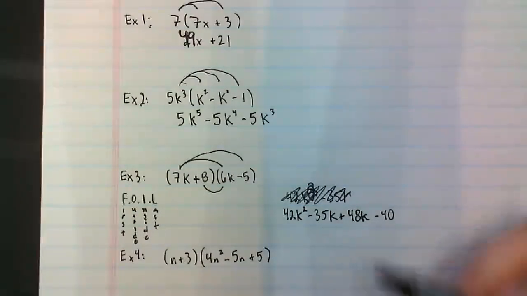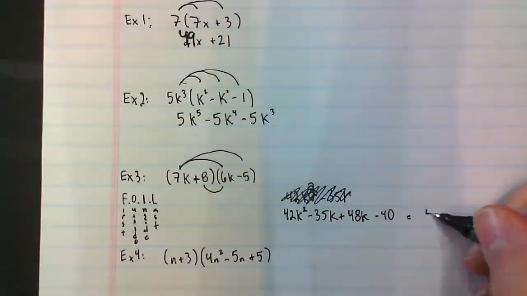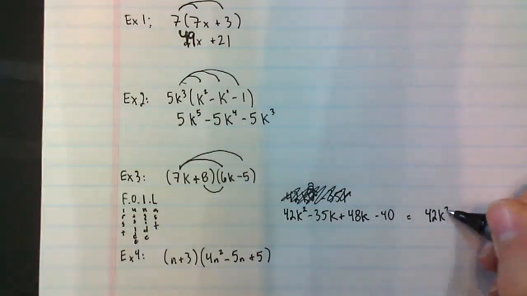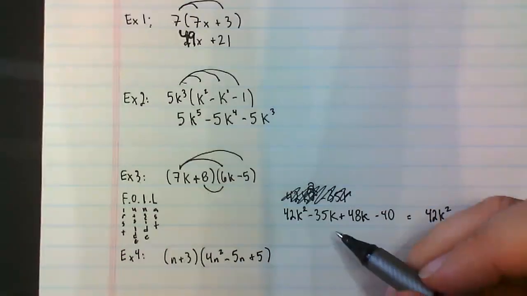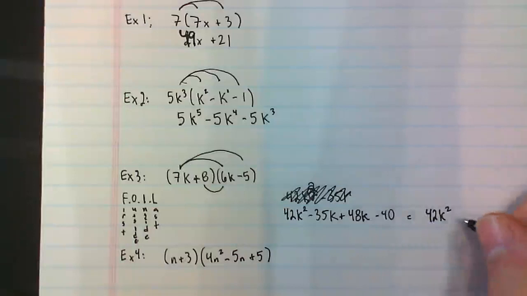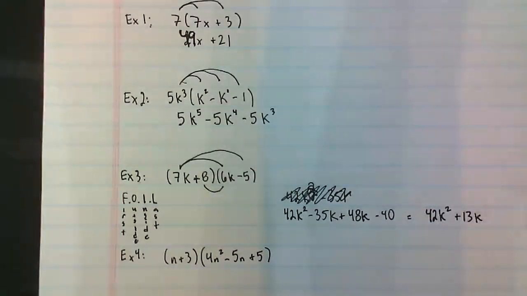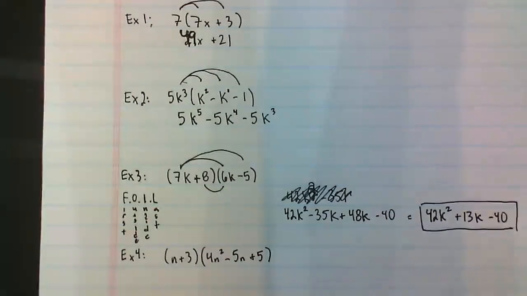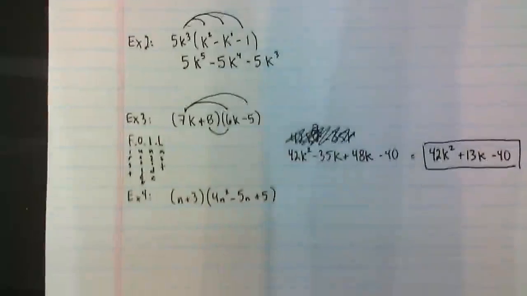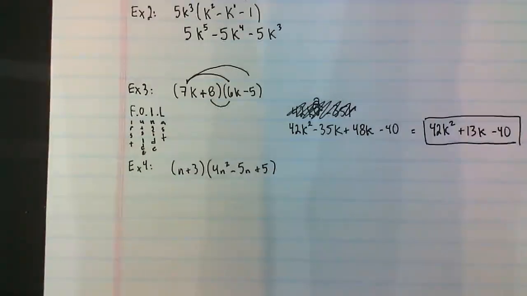In example 4, this is the big one. You have a binomial times a trinomial, and that's going to be needing to do some extra stuff. So you're going to basically take this term and multiply it by all of that. So n times 4n squared minus 5n plus 5, and 3 times all of that.